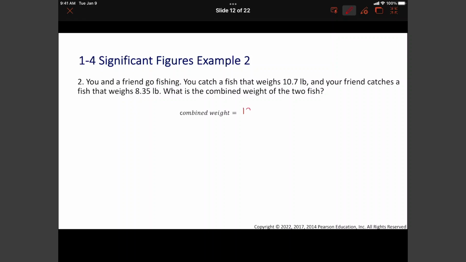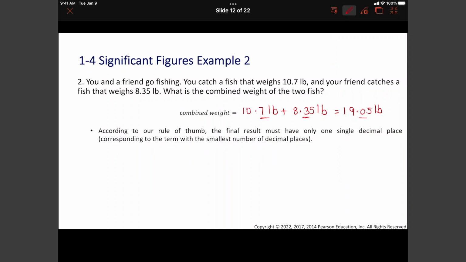The fish you caught is 10.7 lb and your friend's fish is 8.35 lb. So the combined weight is 19.05 lb. So this has two decimals, but according to the rule of thumb, the final result must have only one decimal place.